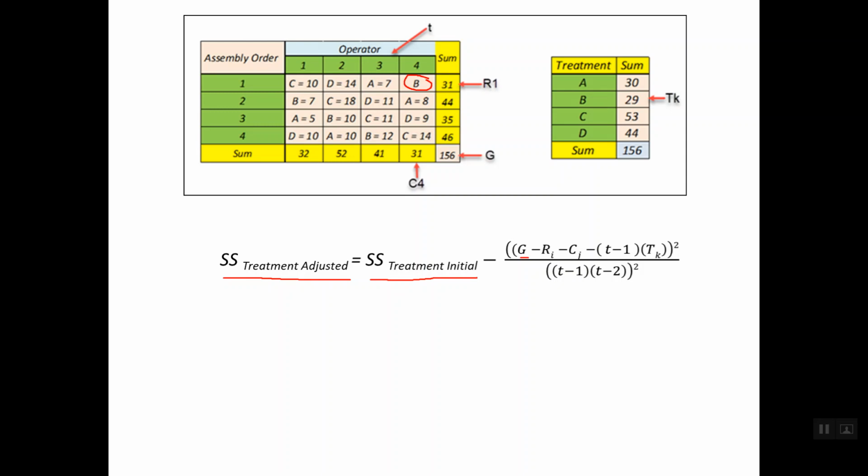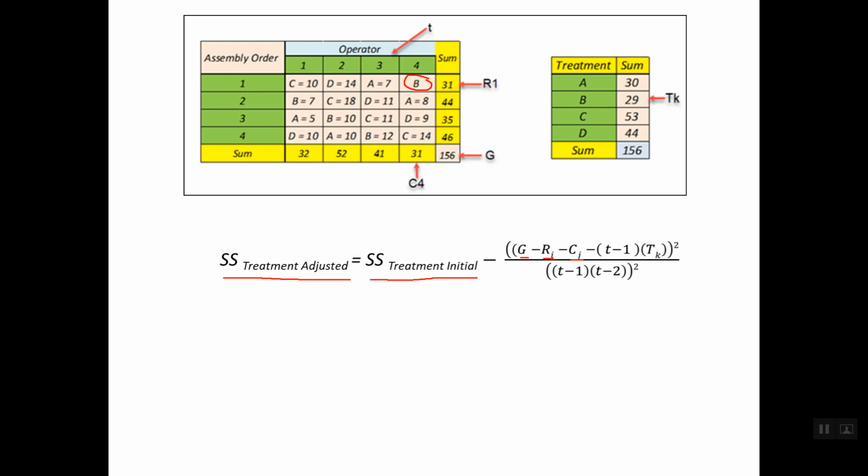R sub I represents the row where the missing value appears. It is in row 1, so the total of row 1 is 31. C sub J here represents the column where the missing value appears. So we should take care of column 4, and the total of column 4 is again 31.